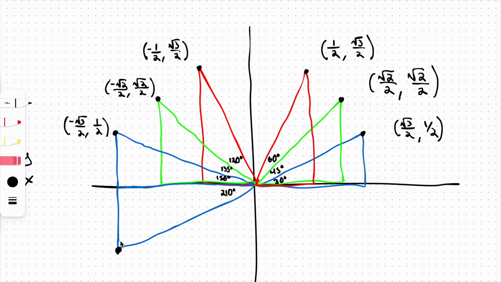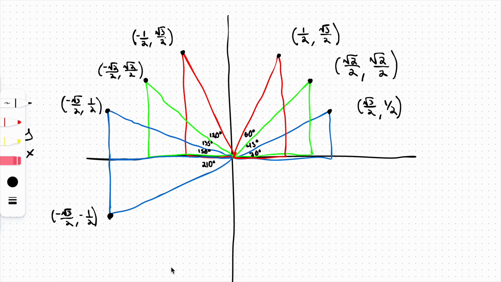What do you think the coordinates for this point, it's a blue triangle again, would be? It's going to have the same magnitude, but since we're in the third quadrant, both of our coordinates are going to be negative, right? We're going in the negative direction for this horizontal leg and the negative direction for this vertical leg. So I'm going to have negative root 3 over 2 and negative 1/2. Perfect.